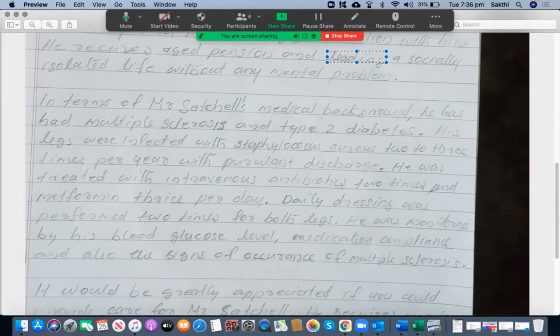In terms of Mr. Satchell's medical background, he has had multiple sclerosis and type 2 diabetes. That's good. His legs were infected with Staphylococcus aureus, 2 to 3 times per year. Has that occurred in the past or is that ongoing?